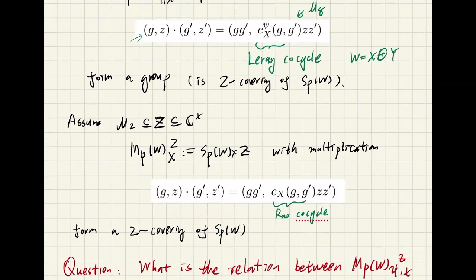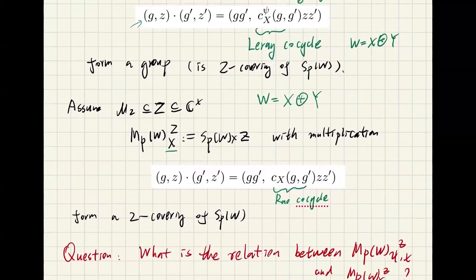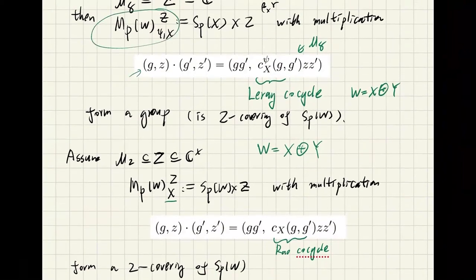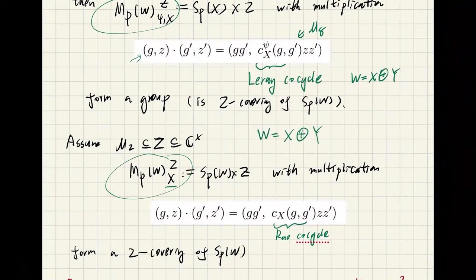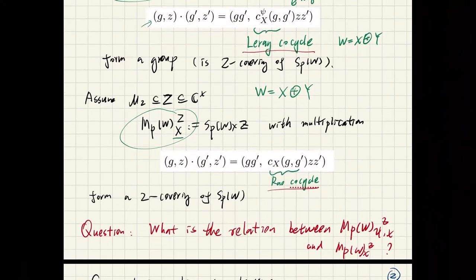Of course, a priori this kind of construction depends on your choice of not only X but the polarization of W. So the natural question is: what is the relation between these two abstractly defined groups? Because we know that the Leray cocycle is cohomologous to the Rao cocycle, we know these two groups are isomorphic.